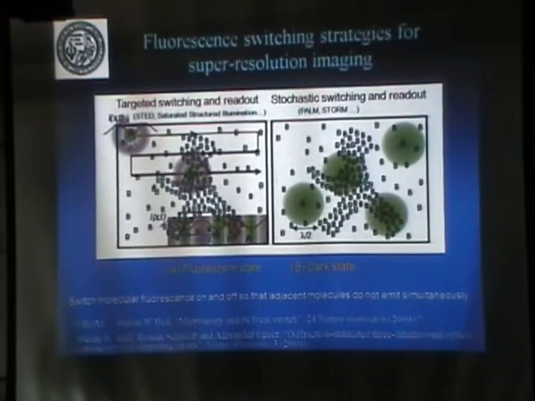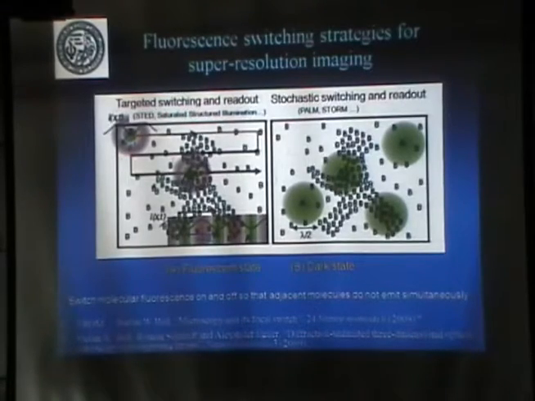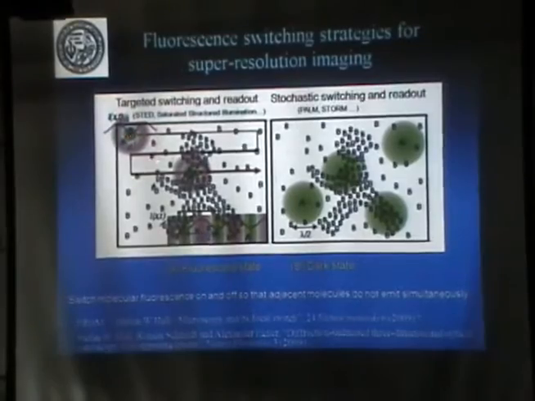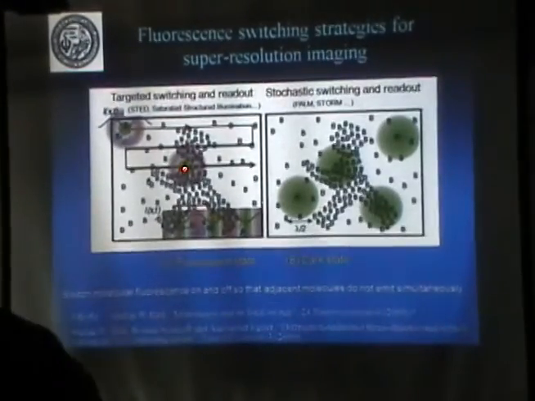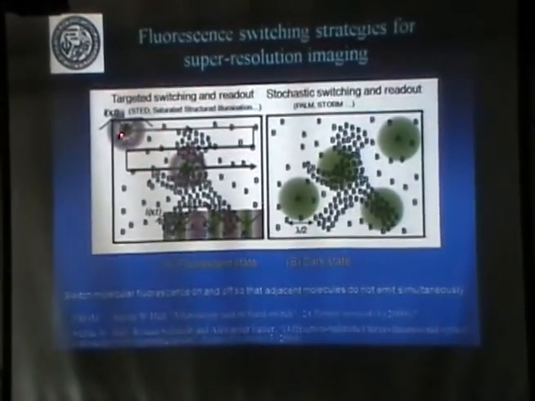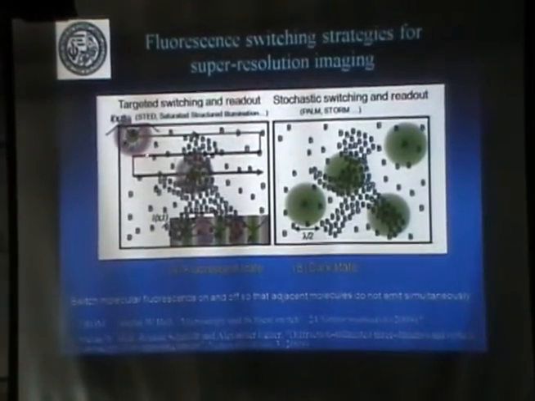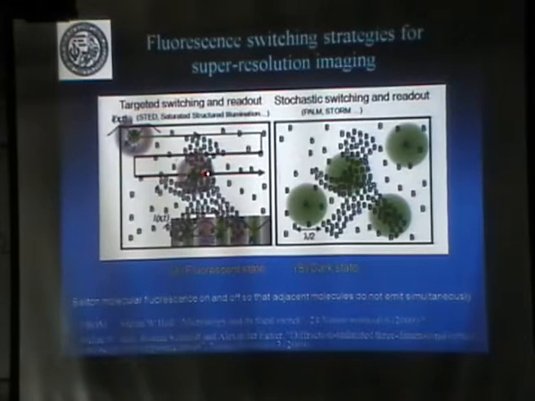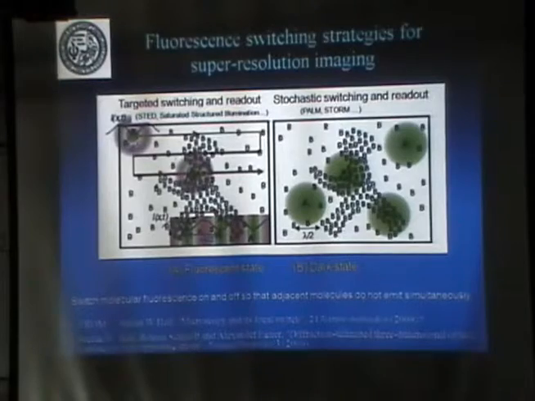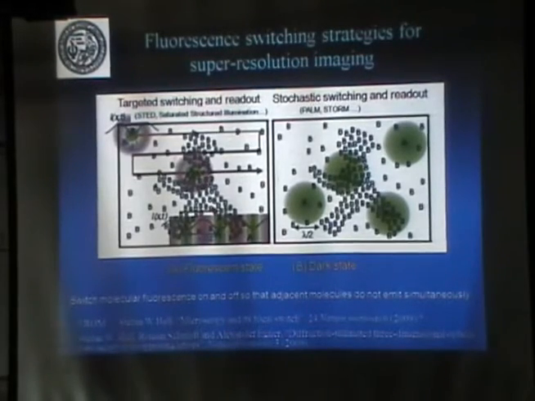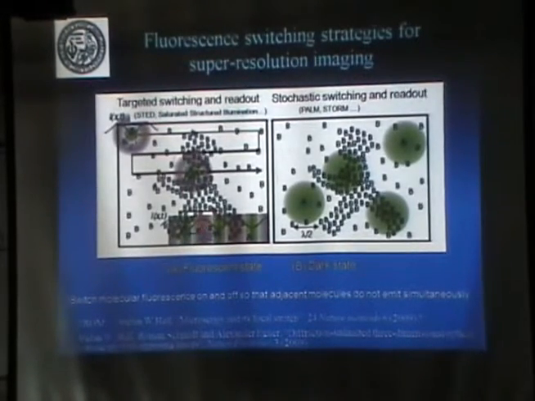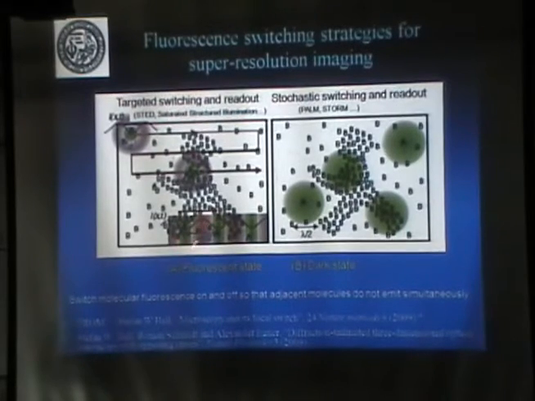So in what some people call targeted switching, you have a beam that depletes. So let's say A and B are molecules that are active and not active, or bleached. So here you have A is active and B is bleached. And then you scan that beam. So you are activating and bleaching molecules as you scan the spot. That's the first method. In structured illumination, you illuminate with a grating shown here.